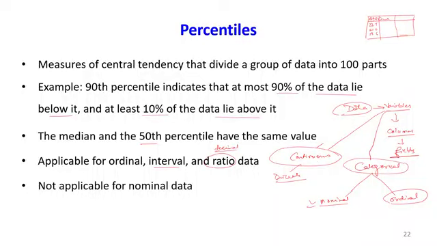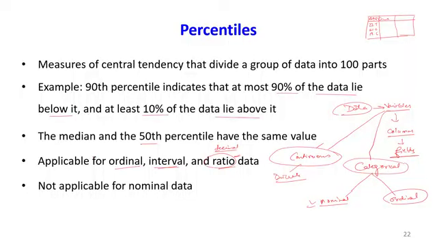If your variable is taking any decimal values, then it is considered ratio data. Now, percentile is applicable for ordinal, and could be applicable for interval and for ratio. Why? Percentile is only applicable on those variables which can be sorted, which can be ordered, in ascending or descending order.